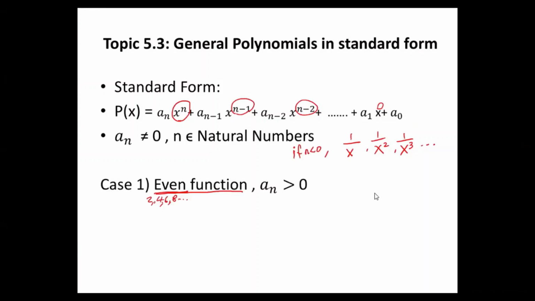I don't think I really defined it before. Even function has even here. It's because of n right here. Do you see the power n right here? If the highest degree of your polynomial, the power n, is even numbers, then what's going to happen is that the shape of your polynomial is going to generally look like that.